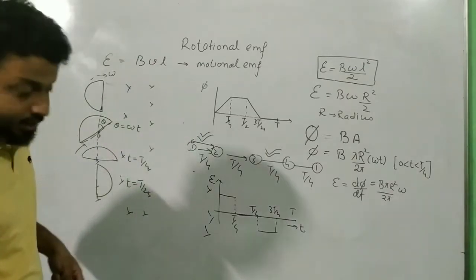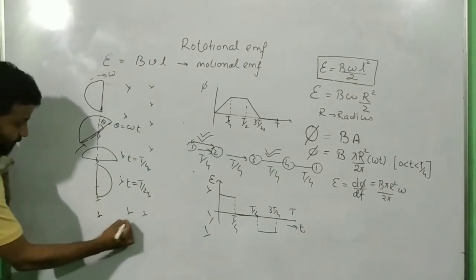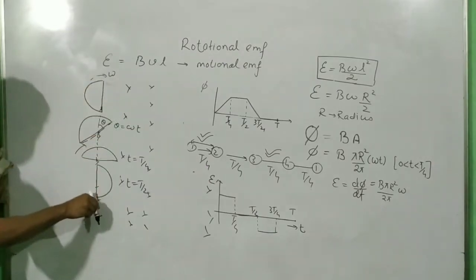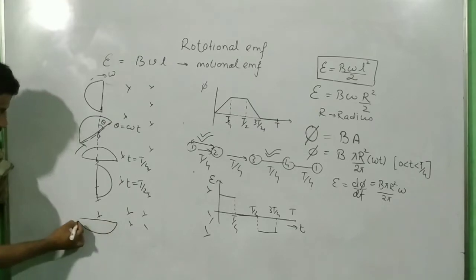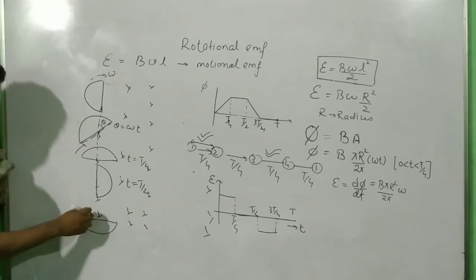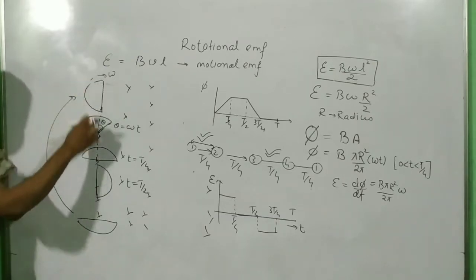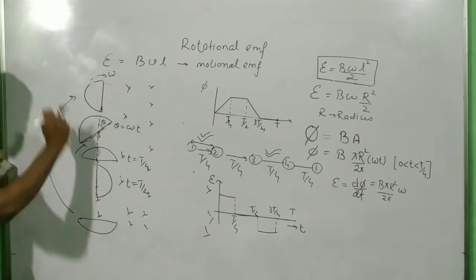So in this case, I just draw it over here. It was here like this, now it has gone like this. Now another 3T by 4 it is coming out, and then again it becomes this, and then back to this one.